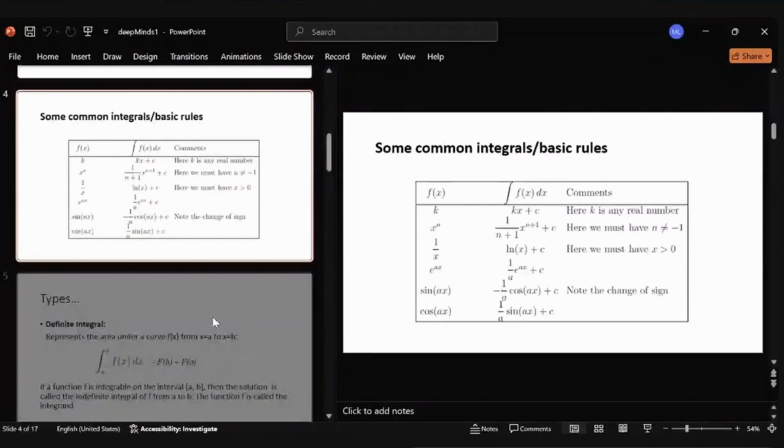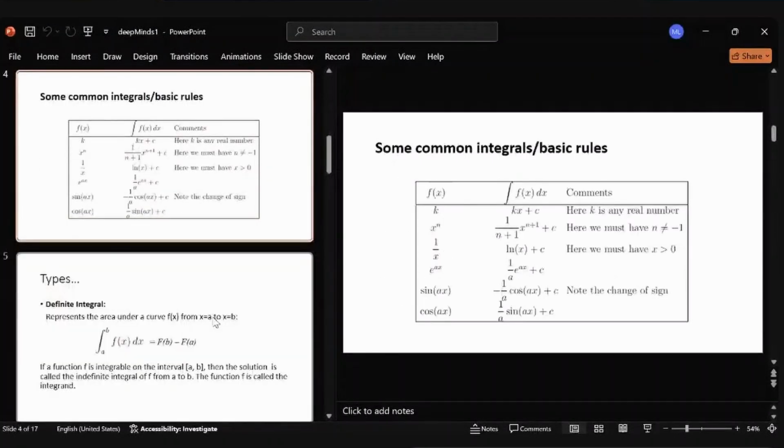Then here we have a table showing the common integrals or the basic rules, though there are more than these, but this is just a sample. We have the constant k, where k is a real number, then the integral is kx plus c.